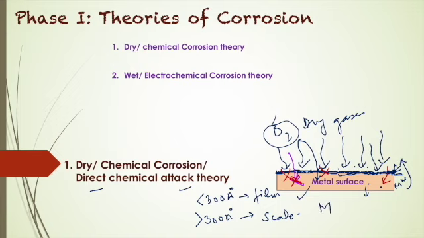We can write M, which stands for the metal surface, it can be any metal surface which is concerned, and oxygen which is present over there, so we get M2O as the oxide layer. This is the dry or chemical corrosion or direct chemical attack corrosion, which is actually not so commonly observed type of corrosion.